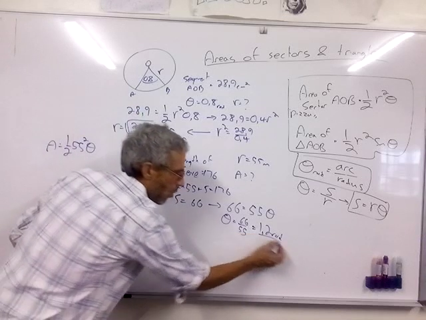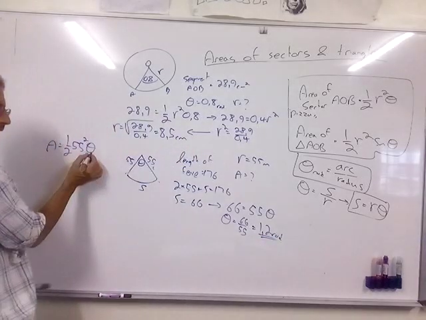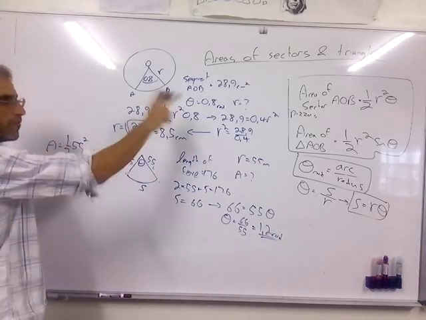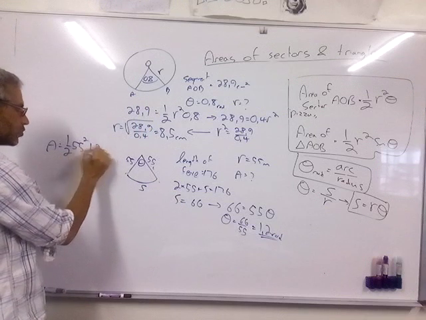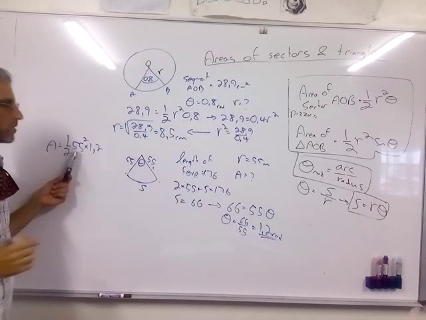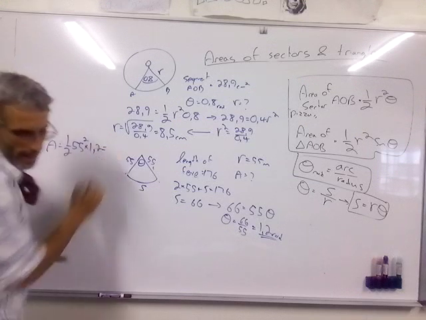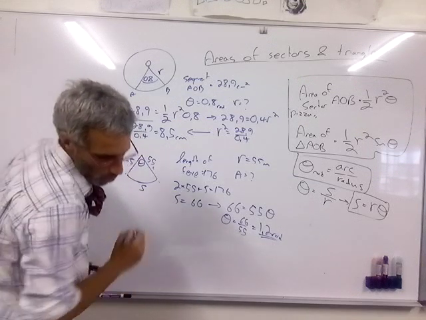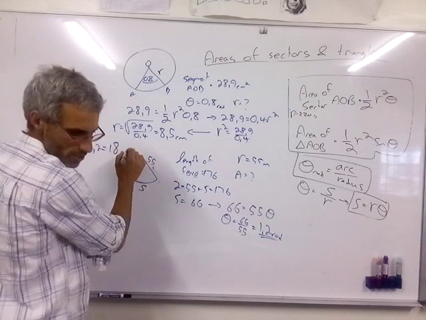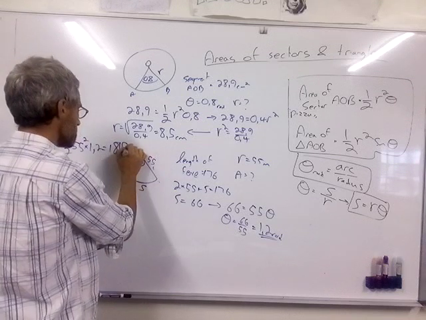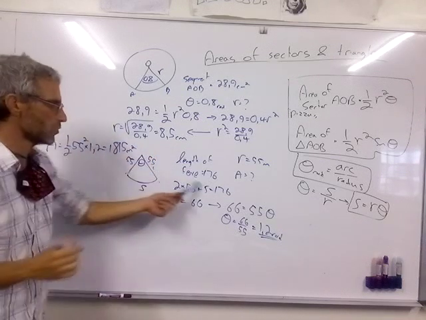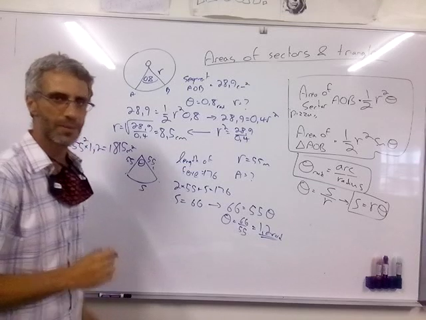Now I can take that 1.2 radians and plug it into the formula of the area, because that's what I was missing. I had the radius, I just didn't have the angle. And I will get 1,815 meters squared, because I work with meters here, that's going to be meters squared.